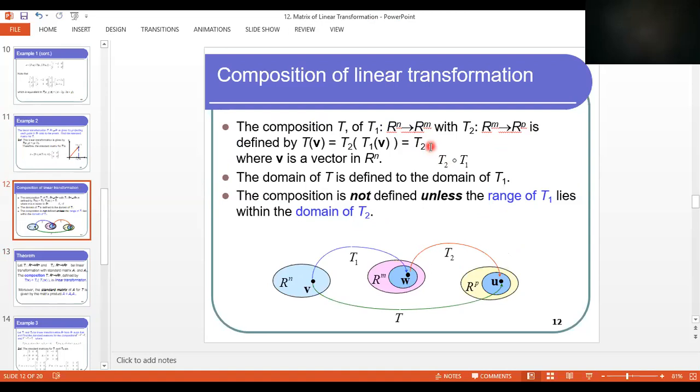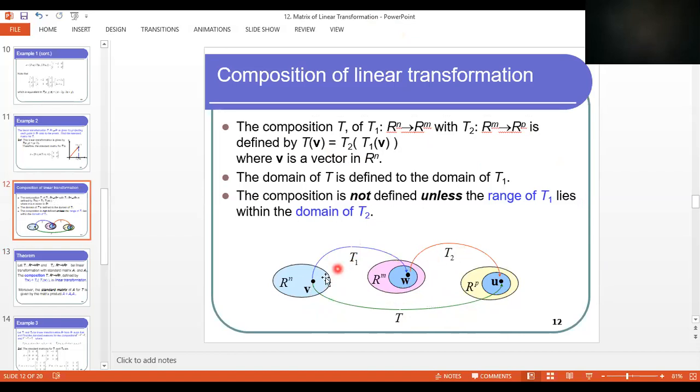If you can look at this, T is a transformation from, sorry, this is just a transformation. T is basically a composition of transformations, from Rn to Rp, which consists of two transformations, T1 and T2.